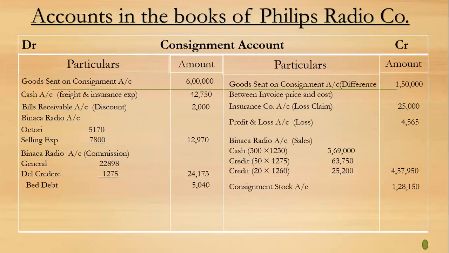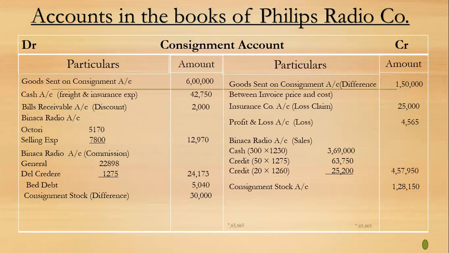But we have to remember that we have to do the reverse entry of profit. The profit is 300 and our closing stock is 100 radios, so 100 into 300 is 30,000. So consignment stock difference is 30,000.